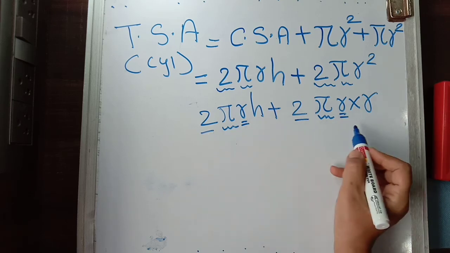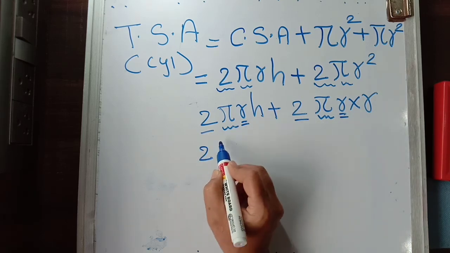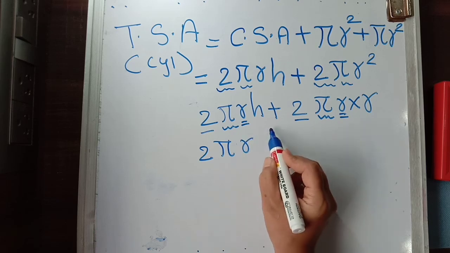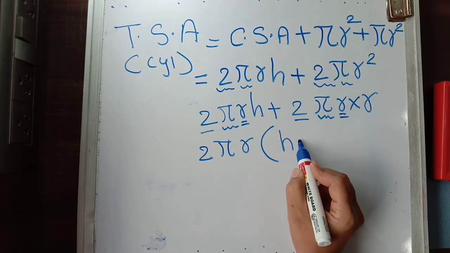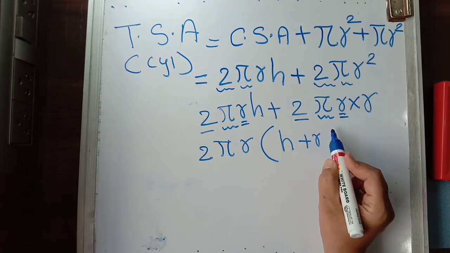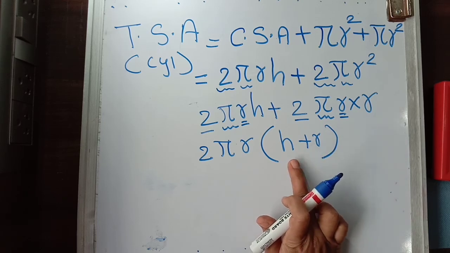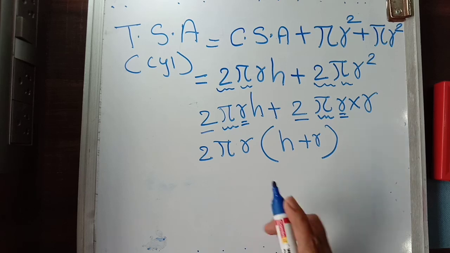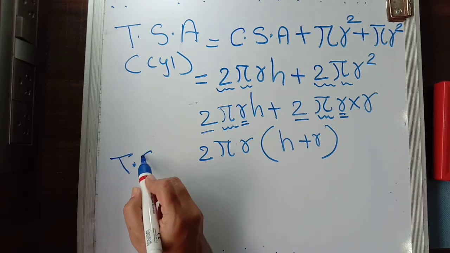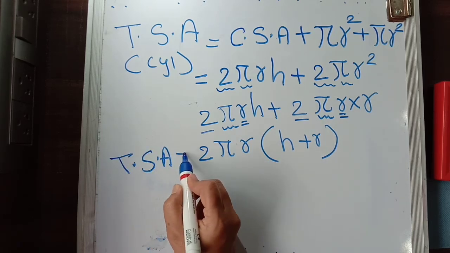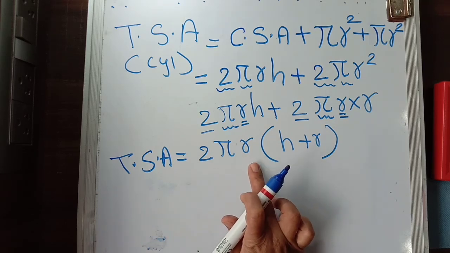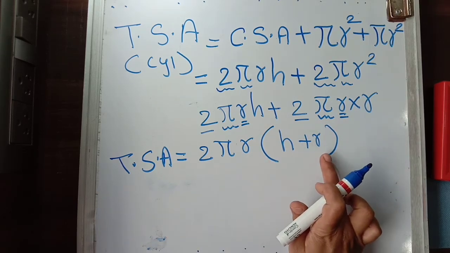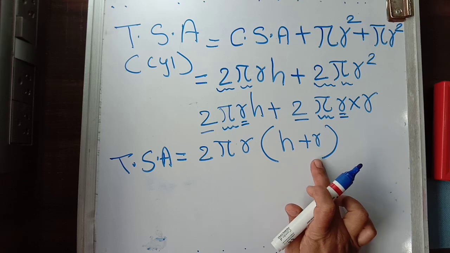So 2 pi r is common from both. What remains inside? h plus 1 r is remaining. Either you write h plus r or r plus h, both are the same. So what is the formula for the total surface area of a cylinder? It is 2 pi r in bracket r plus h, or h plus r.